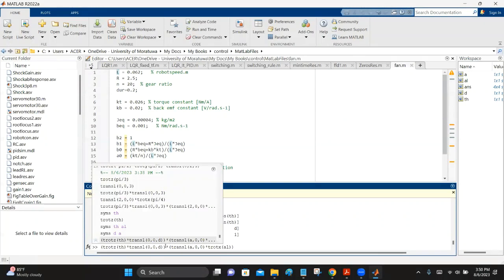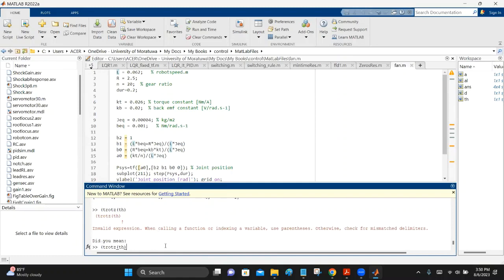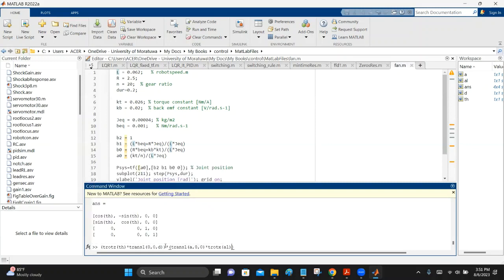First, you write this one, t dot z, theta, the basic rotation matrix, and then multiply it with the translation, this one.